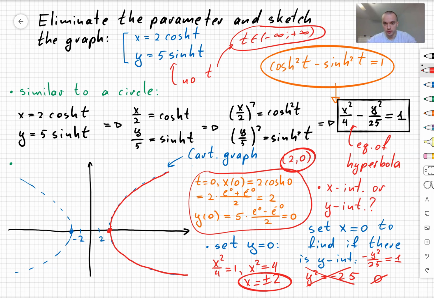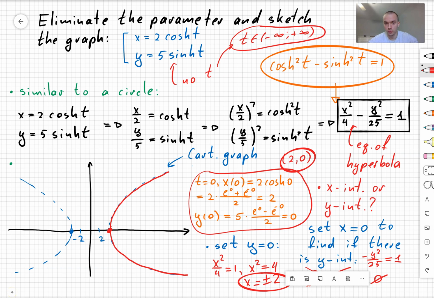So we know for sure that we're going to have the right branch, because if, for example, on the left branch you choose the point x equal to negative 2, hyperbolic cosine is always positive, so there are no values of t for which 2 cosh t is going to be equal to negative 2.